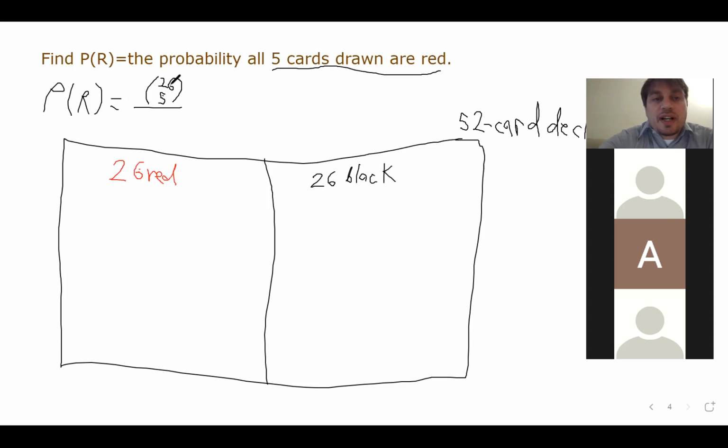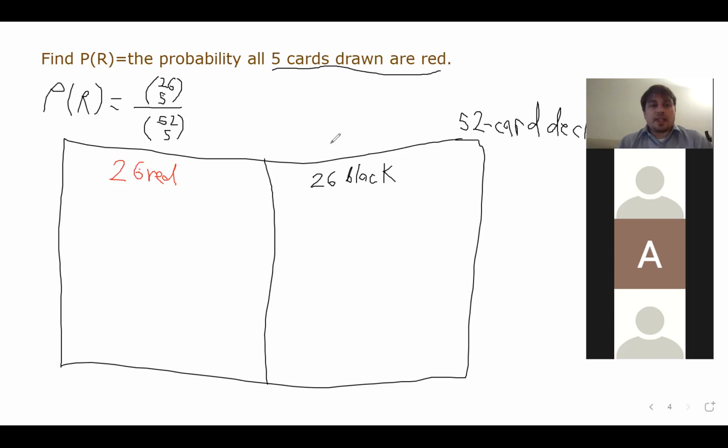So 26C5 is the number of 5 card hands that are all red, divided by the total number of 5 card hands, which is out of the total 52 card deck. So 52C5 is the number of ways of having 5 card hands. So the probability of a 5 card hand of all reds is 26C5 divided by 52C5.